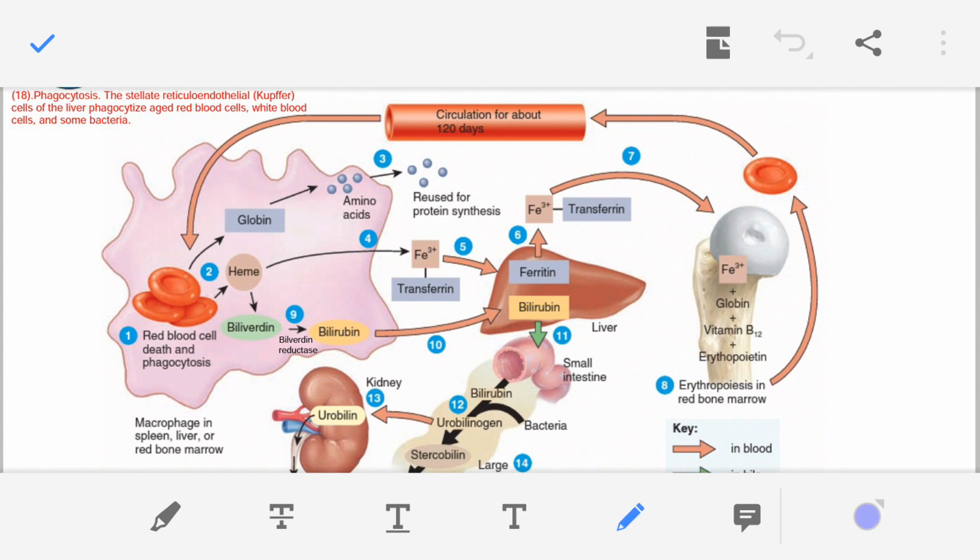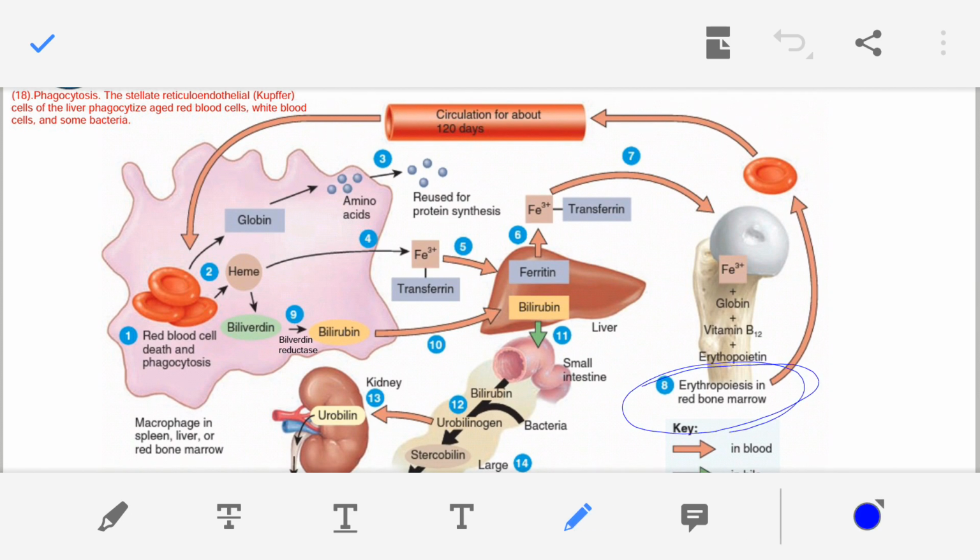See, this is the bone marrow. The bone marrow is present in the longer bones, a red colored tissue, and the bone marrow produces the RBC. That process is known as erythropoiesis, formation of RBC.